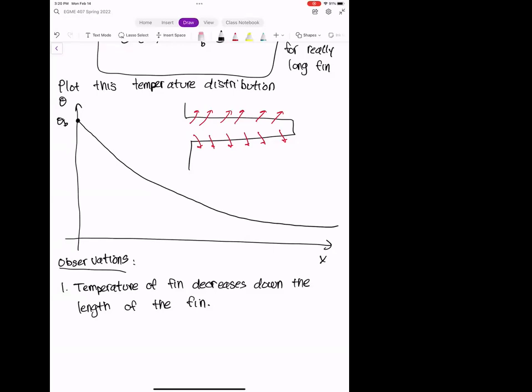So the decrease in temperature that you observe is due to the fact that we're constantly losing heat to the fluid as we go along the fin.